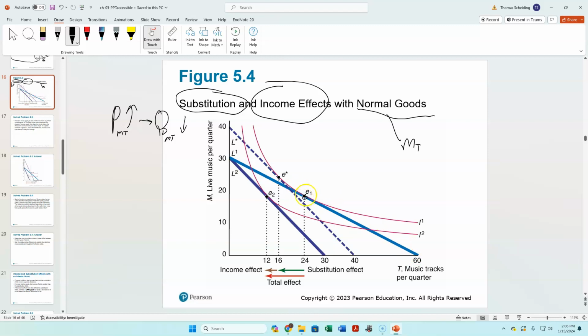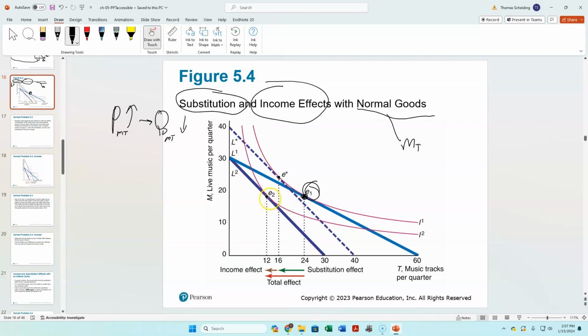So my initial point of optimality here is E1. And to measure the substitution effect, I look at what my new price ratio is going to be. The new price ratio is described by the slope of this L2, this darker blue line.